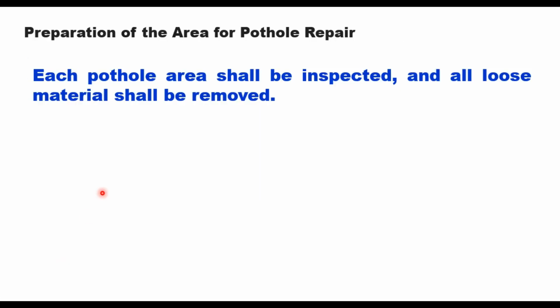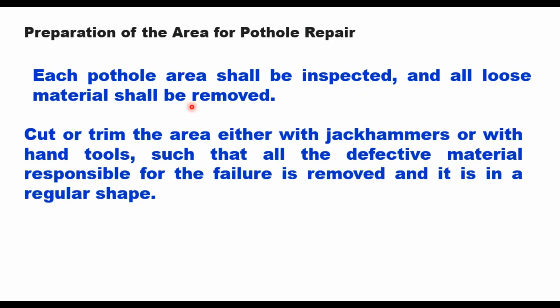And the steps which are to be followed for pothole repair are that each pothole area shall be inspected, all loose material shall be removed, then cut or trim the area either with jackhammers or with hand tools such that all the defective material responsible for the failure is removed and it is in a regular shape.